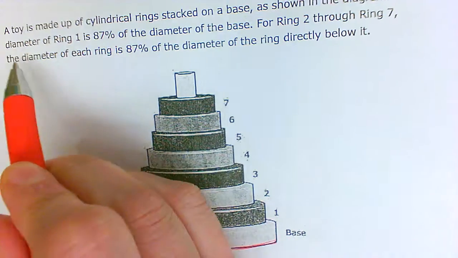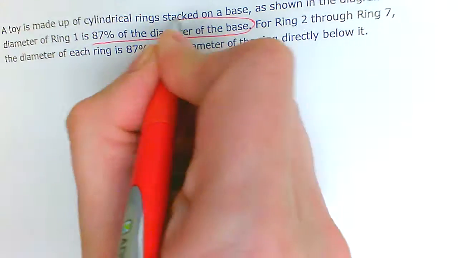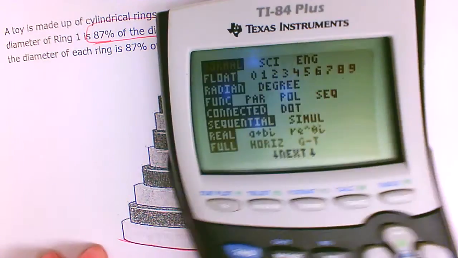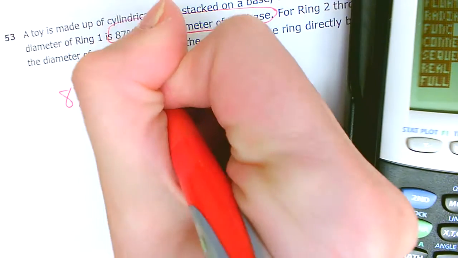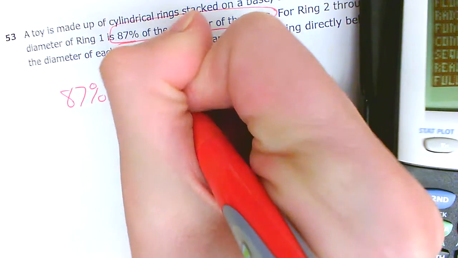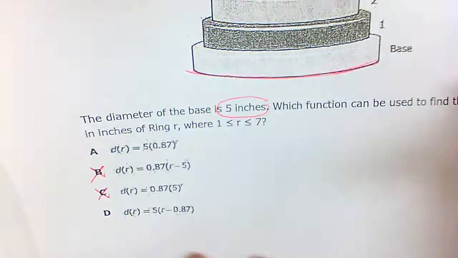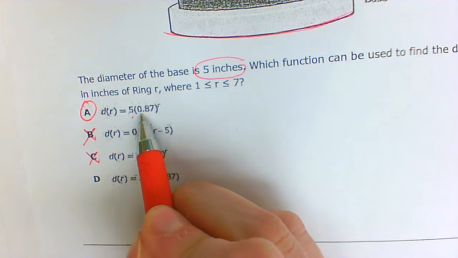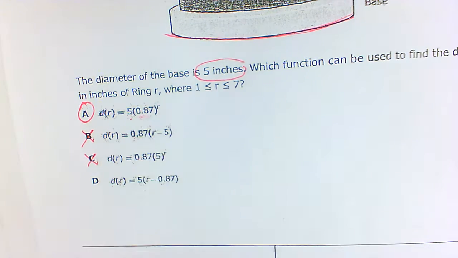Now they said the diameter of the ring is 87% of the diameter of the base. So we take 87% and divide it by 100, and that gives us 0.87. So that actually means that we should have A. Our equation is 5 times 0.87 to the r.